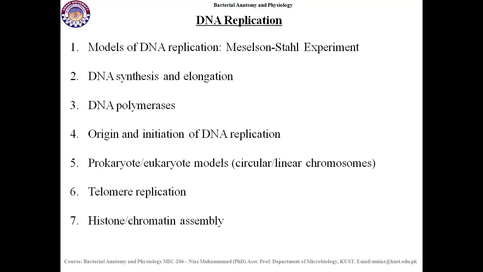We will discuss which types of enzymes are responsible. Origin and initiation of DNA replication, prokaryote and eukaryote models, circular and linear chromosomes, telomerase replication, histone and chromatin assembly. We will discuss all these things in this chapter.